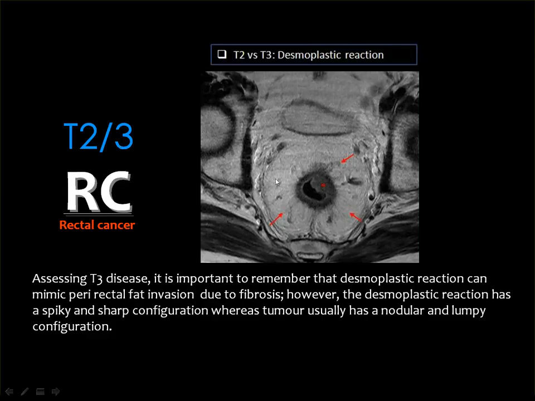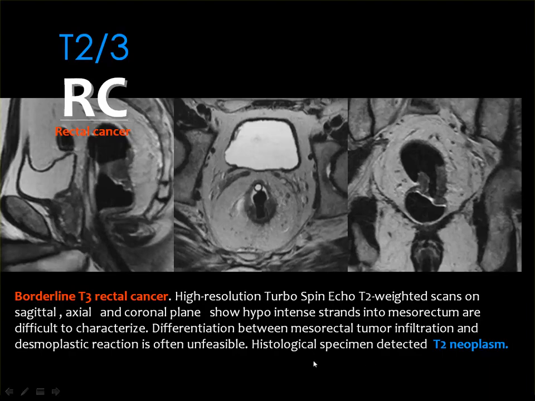Then this is the situation where you cannot discriminate between T2 and the early T3 rectal tumor. And according to the literature, if you see a lesion like this and you have stranding of the fat, and these strands are linear, not nodular, and not associated with lymphadenopathy, then you consider it a desmoplastic reaction and you consider the tumor stage as stage 2.